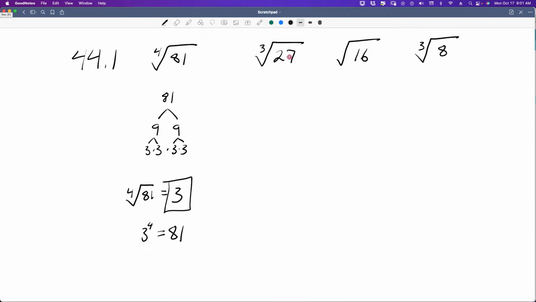So let's factor this one. All right, so 27. I'm looking for the three factors that are identical that give me 27. So let's factor it. I know that 27 is 9 times 3. And I know that 9 is 3 times 3. So I'll just bring this one down. So 1, 2, 3 identical factors that give me 27, right?